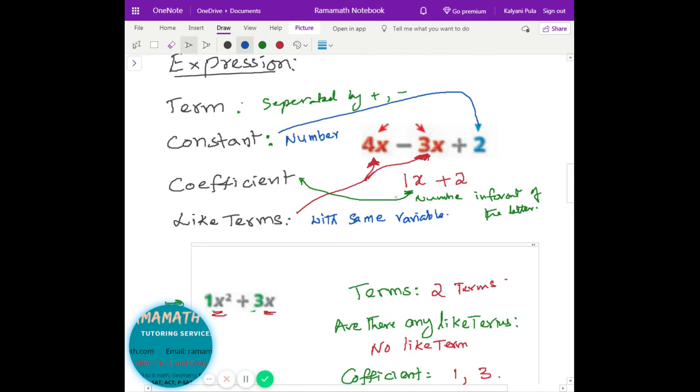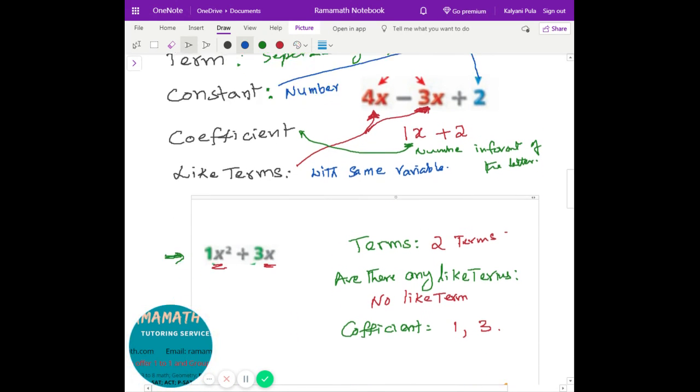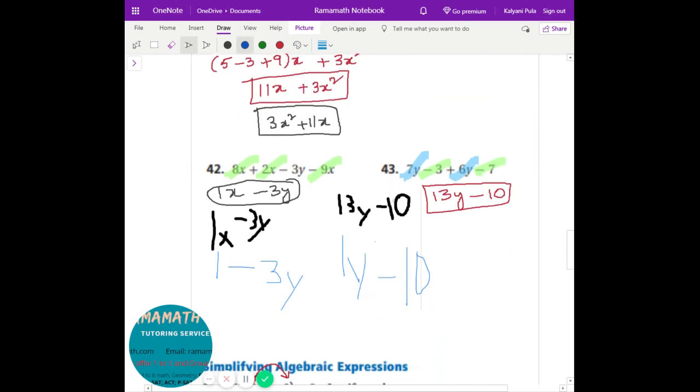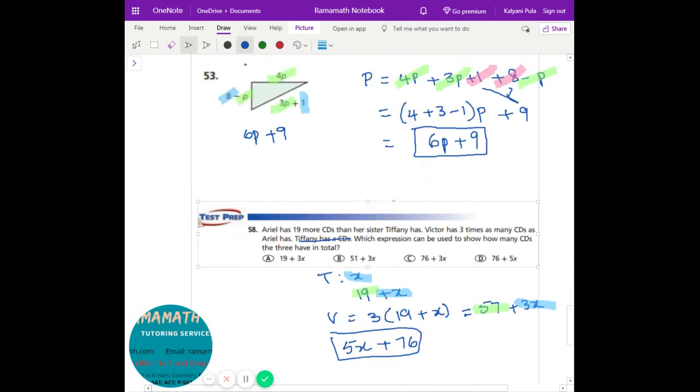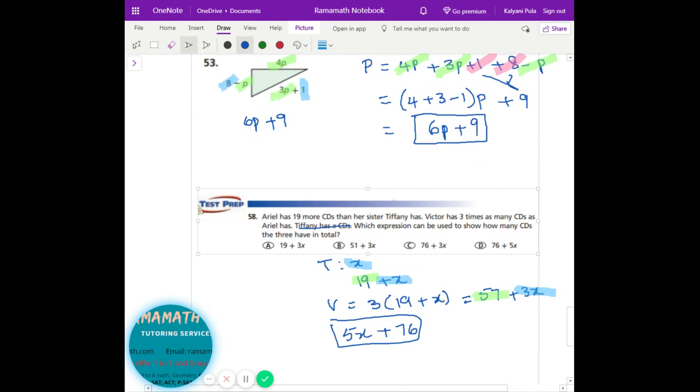We looked into like terms, coefficients, constants, and combining the distributive property with combining like terms. And we did some geometry and test preparation questions. We're going to do more practice on these topics. All right? Okay. That's good.